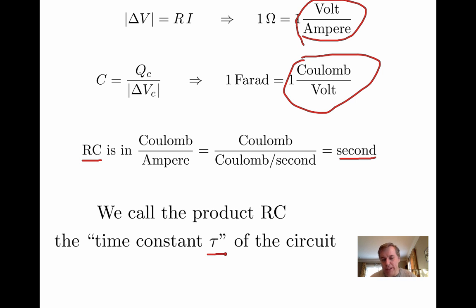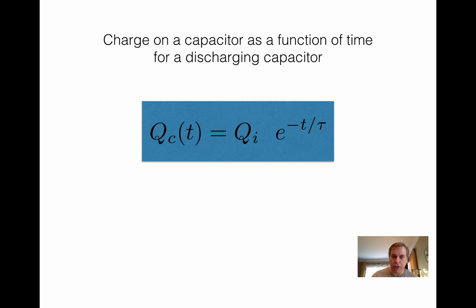I know it's confusing. We've used tau before to be the average time between collisions in a wire, but in those circuits, when you have capacitors, the tau we're going to use always means the product of R times C, and it's a time in seconds. We'll call that the time constant of our circuit.